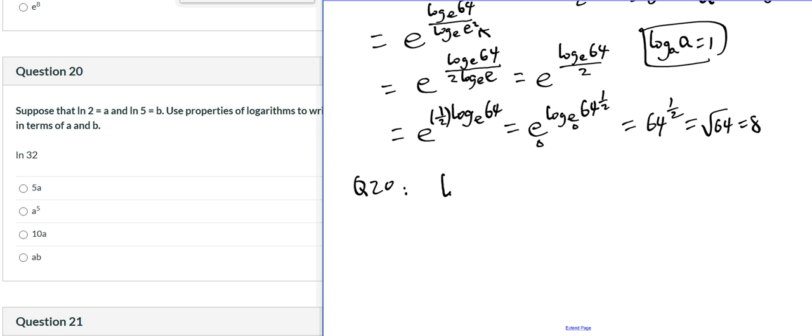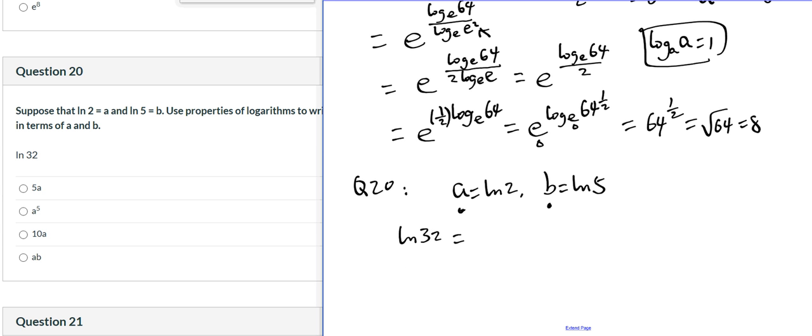We are given natural log: A is natural log 2, and B is natural log 5. We want to use either A or B to express natural log 32.